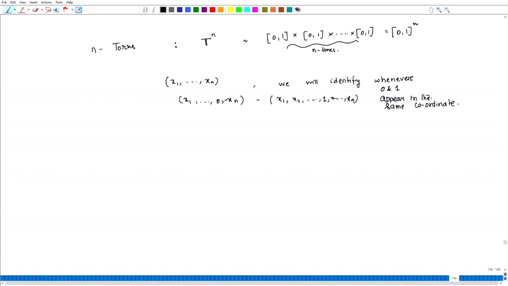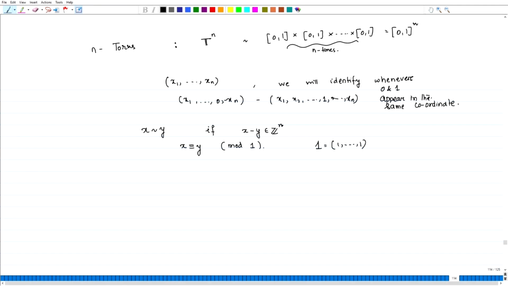More precisely, we say that x is identified with y if x minus y varies over Z^n. Then we write x congruent to y mod 1, where 1 is the vector consisting of the n-tuple of constant 1.